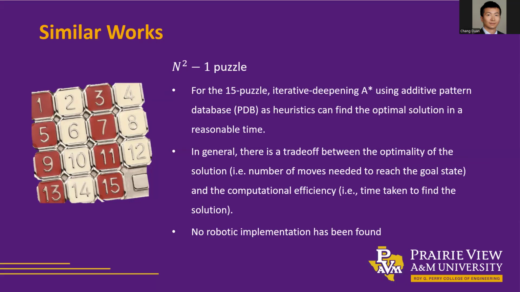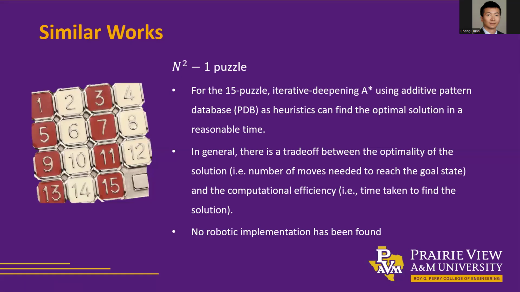For the 15 puzzle, the goal is to arrange the numbers 1 to 15 sequentially in this 4 by 4, four row four column pattern, with a random shuffle start.